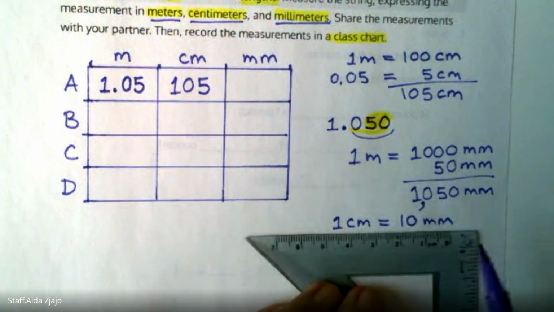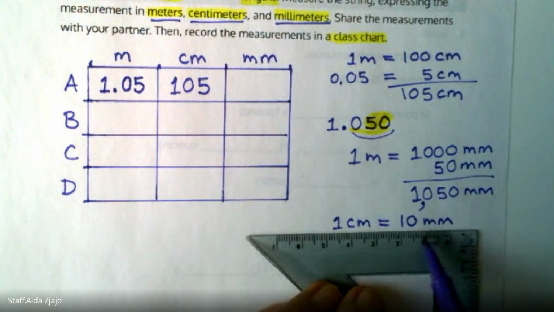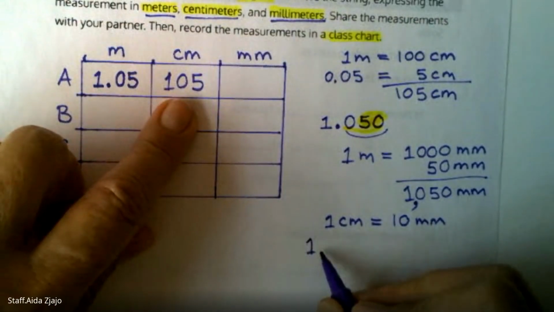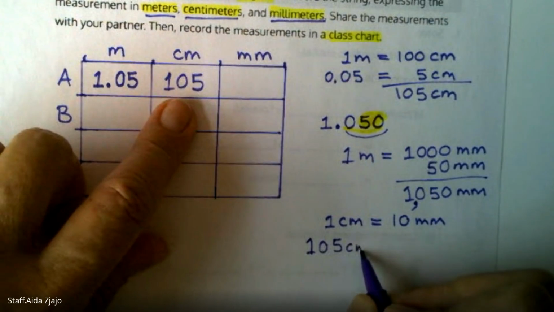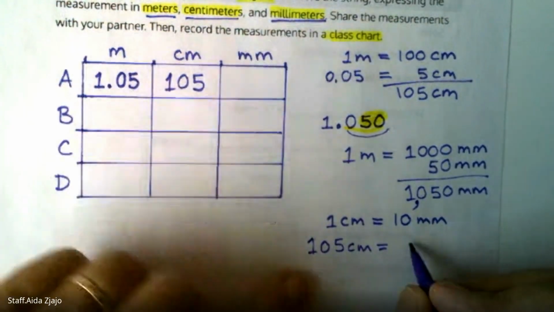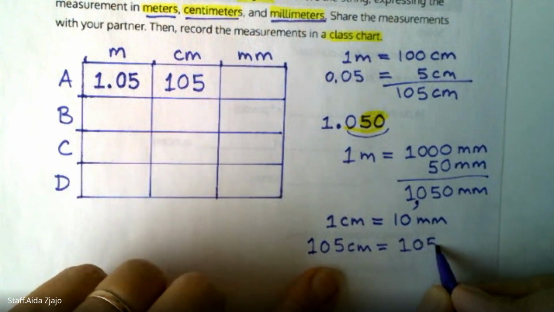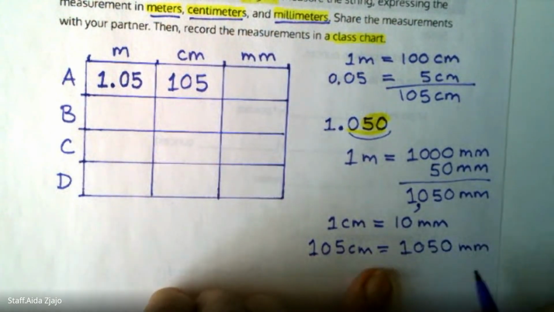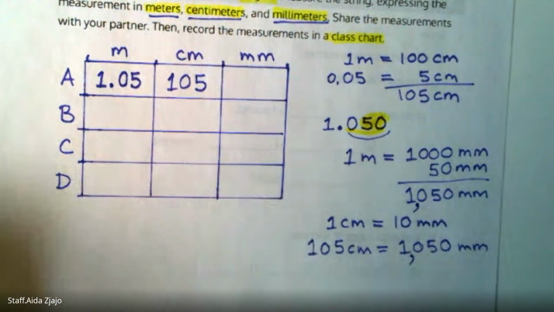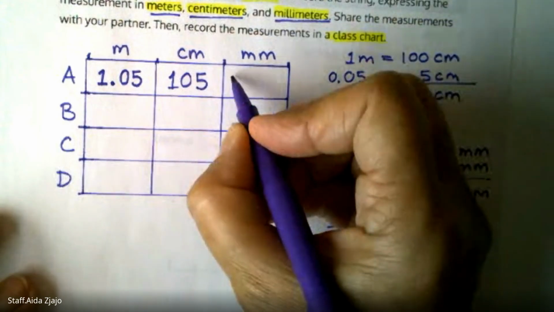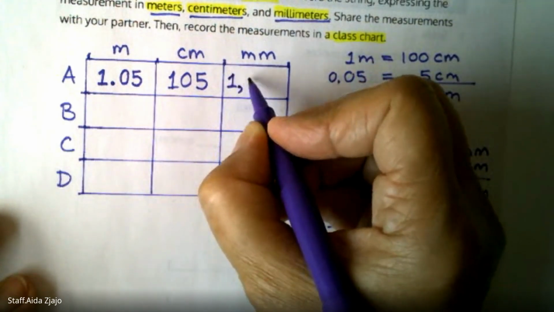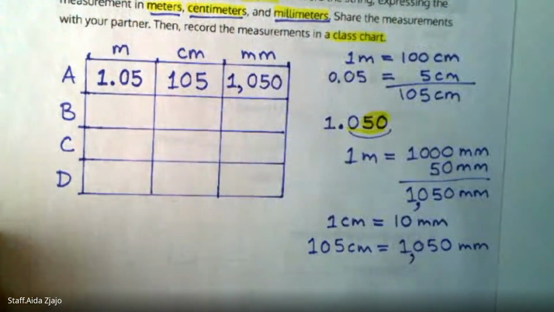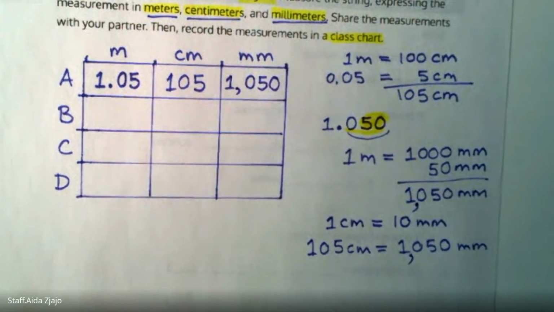These are the little ones, 10. So if you have 105 centimeters times 10, it would be 105 and add the 0, because multiplying by 10 you gain a 0, so that becomes 1,050 millimeters. So here's your 1,050 millimeters.